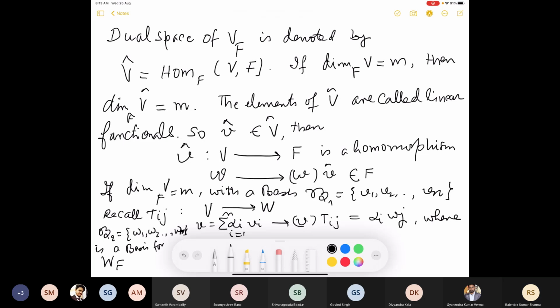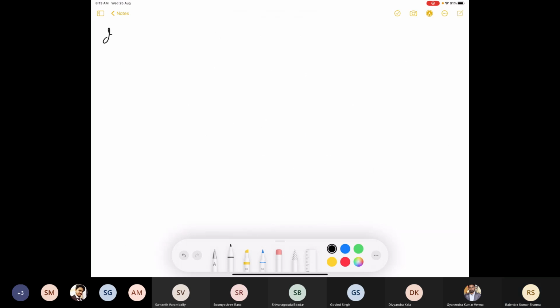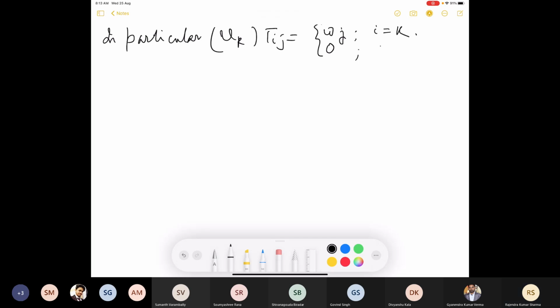So in particular, recall that Vk under Tij is Wj in case i is equal to k, and 0 when i is not equal to k. This is what it is.